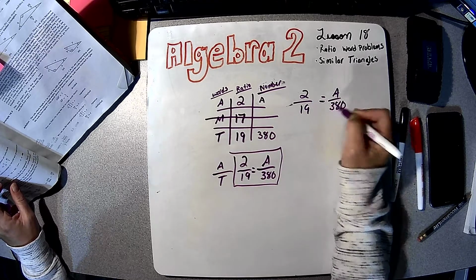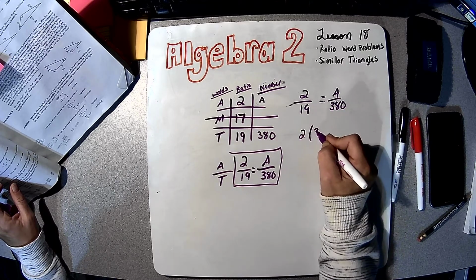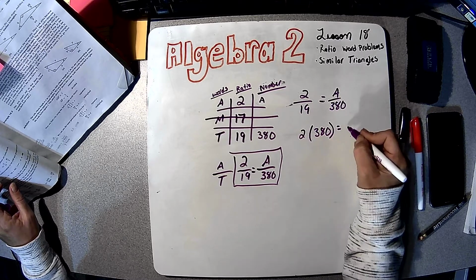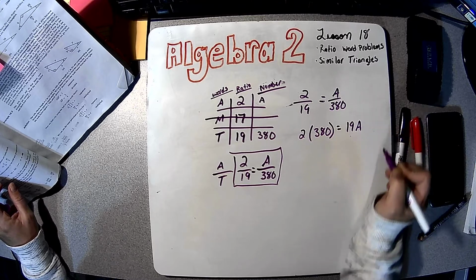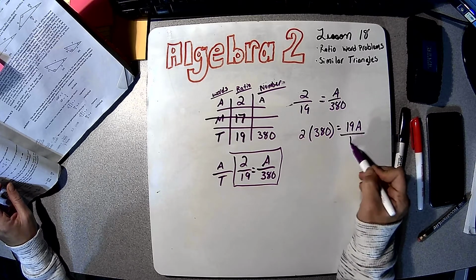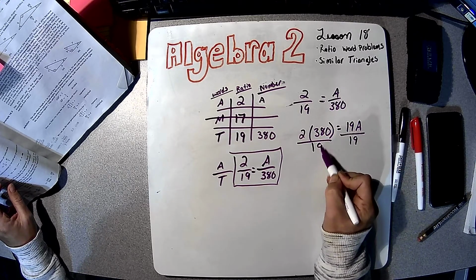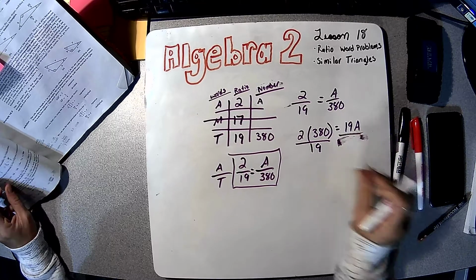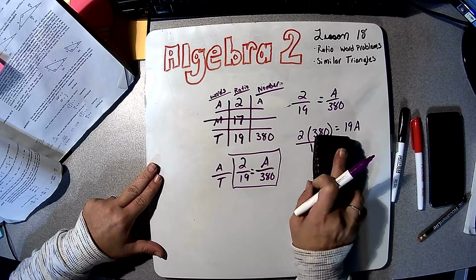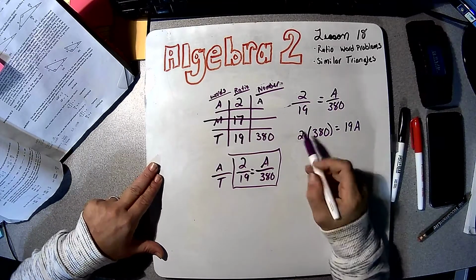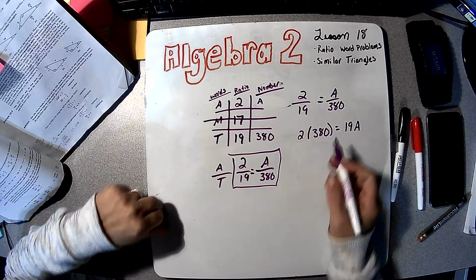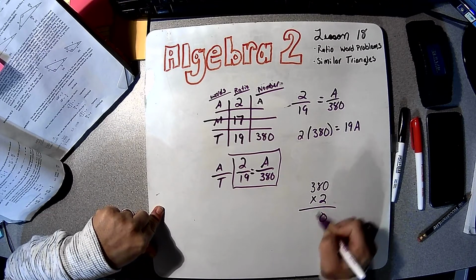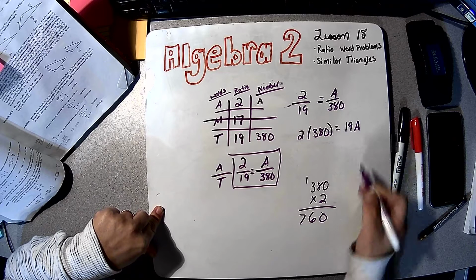So now I'm just going to cross multiply. I'm going to say 2 times 380 equals 19A. And then to solve this, I have to divide by 19. Actually, I have to multiply first. Yeah. So 2 times 380 is 760.